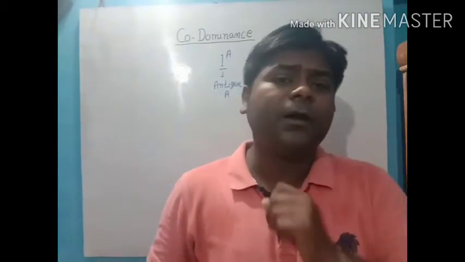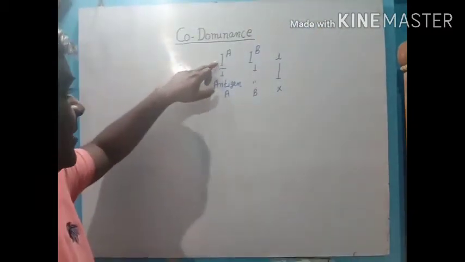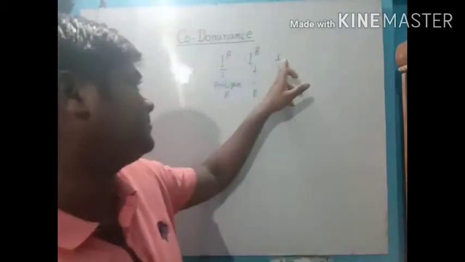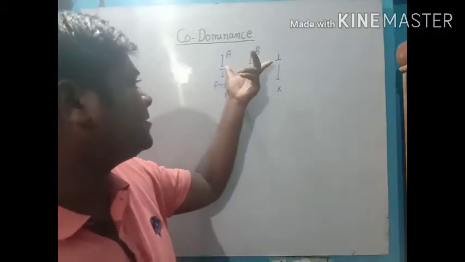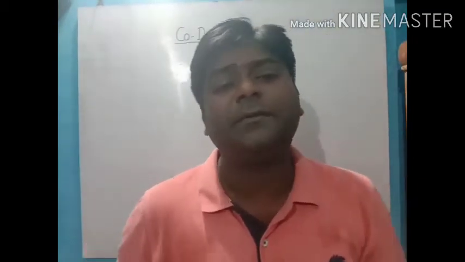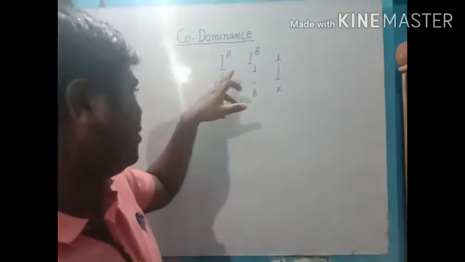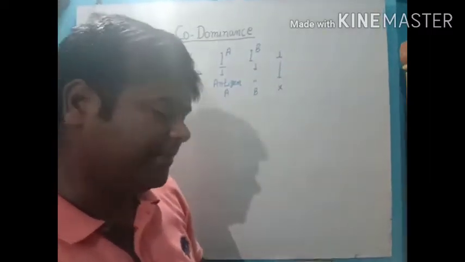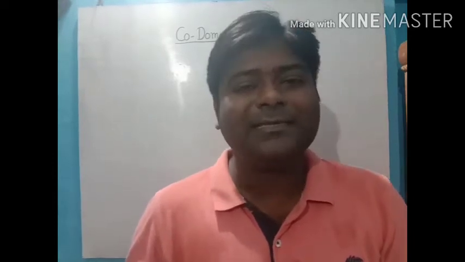What we need to focus on is that this IA and IB are both dominant over this i. These three alleles are responsible for the inheritance of the blood group. So these two are dominant over this one. That is the concept. Whenever blood groups are formed, these three alleles are controlling. How they control, we'll discuss.